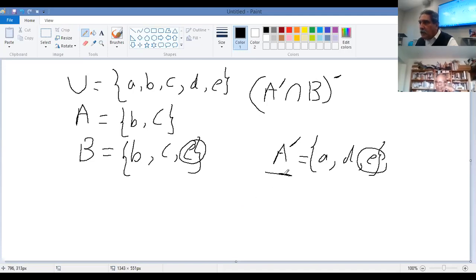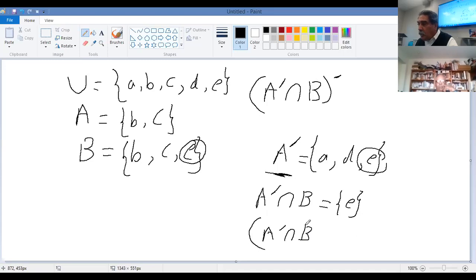Are you following me? Mm-hmm. No, well, I want to find intersection between A naught and B. The only thing that is common in both A naught and B is the element E. Follow me? So, intersection of A naught and B is element E. But that's not the answer. I don't want that. I want A naught intersection with B, then make the whole thing not.